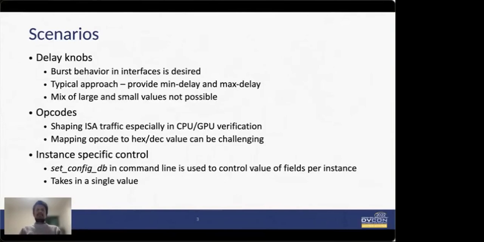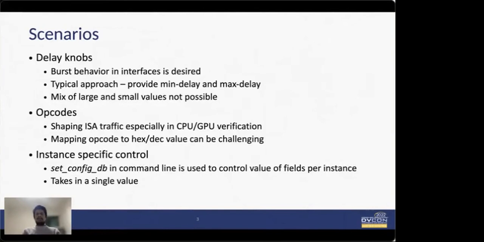The next, which is probably more specific to people in processor land and GPUs, is shaping instruction set architecture. We typically have about 100 plus instructions, and some instructions are more stressful for certain blocks, and we want to shape our traffic in such a way that we restrict ourselves to certain opcodes. Not all these opcodes are consecutive, so sometimes it can be challenging to control the traffic.